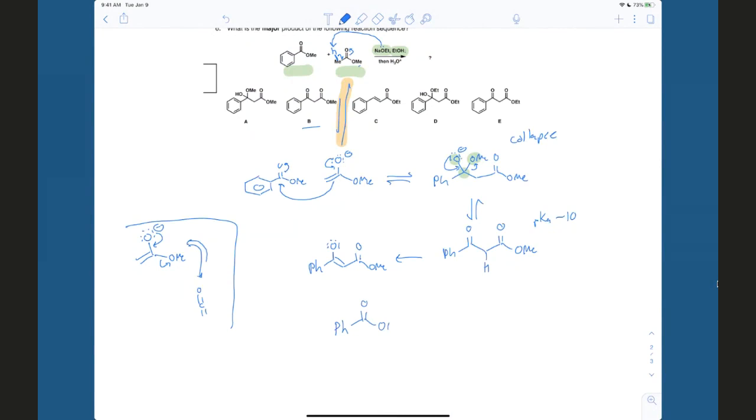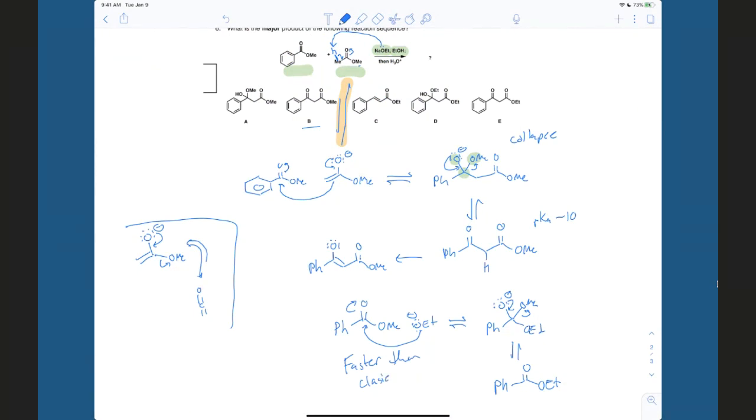So early on in the reaction, we'd have ethoxide, and we'd make the ethyl ester. And this will be faster than, I think this is a Claisen, right?